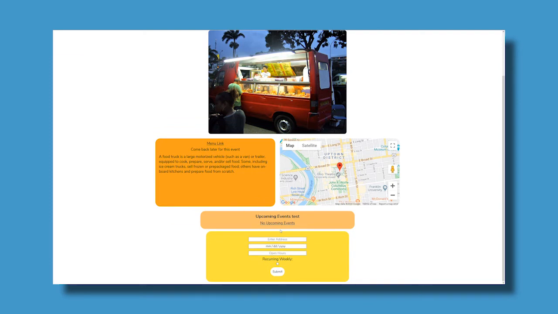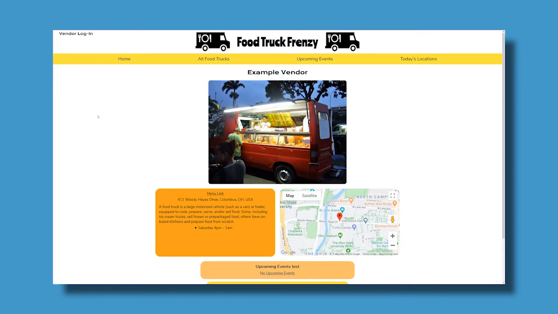Once their new page is created, vendors can also add their upcoming location with our forms on the bottom. Additionally, in the vendor login page, vendors have the ability to create new events.